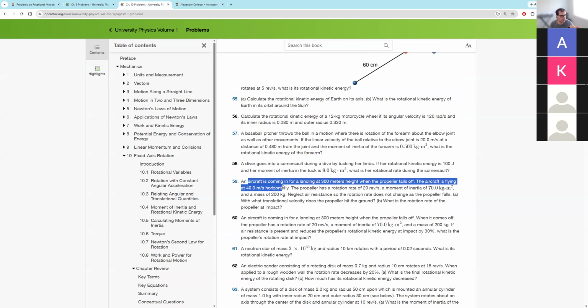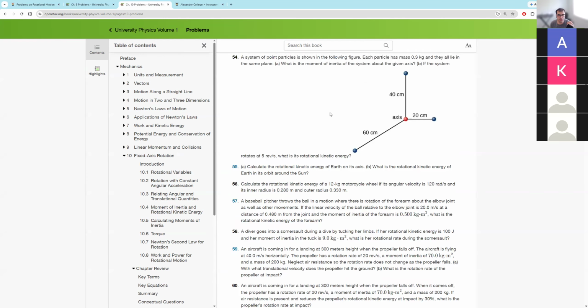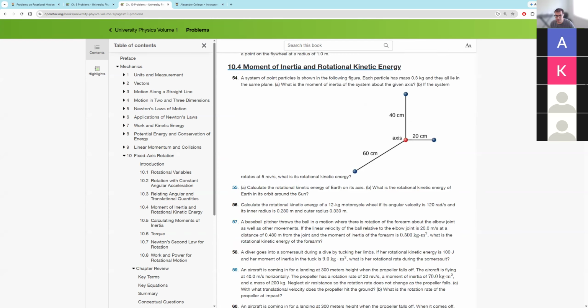The aircraft, I don't think that I gave you this. Let's focus on the one that was on the assignment, and if we have extra time, we will go over it. Okay, let's do 54.